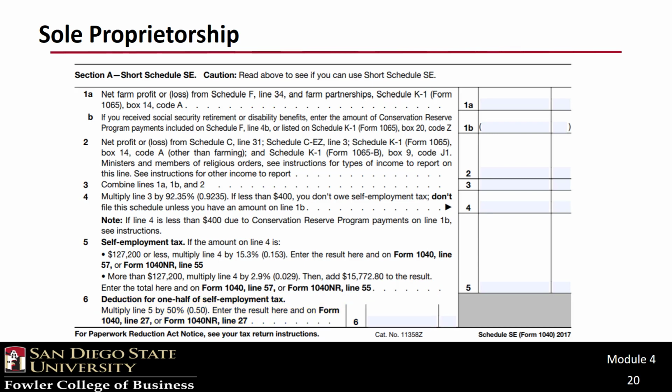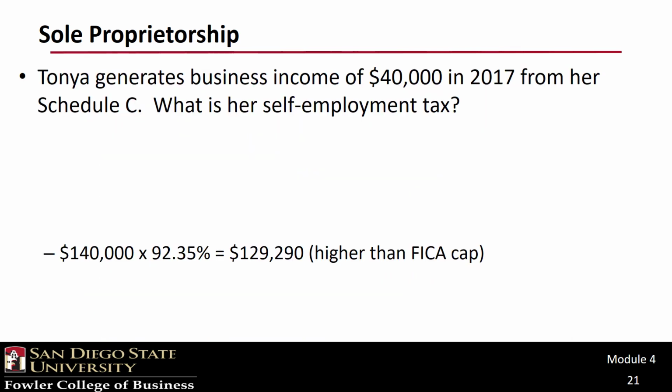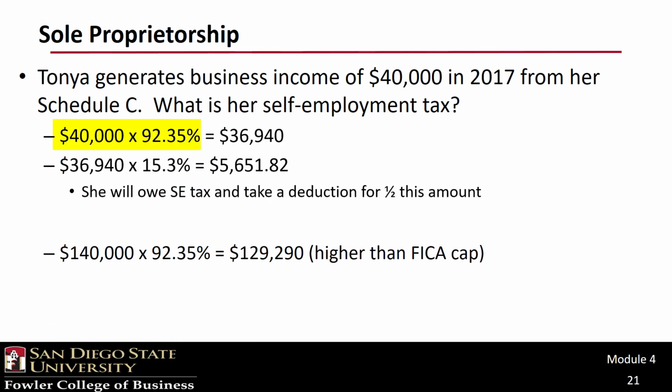Let's prepare Tanya again, except this time as self-employed. Because this is self-employment income, she gets to take the 7.65% haircut. Because the income amount is less than the FICA cap, it's all taxed at 15.3%, and she can take 1/2 of that as a for AGI deduction.